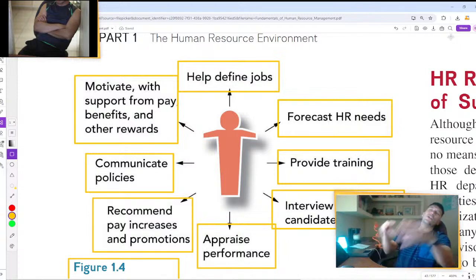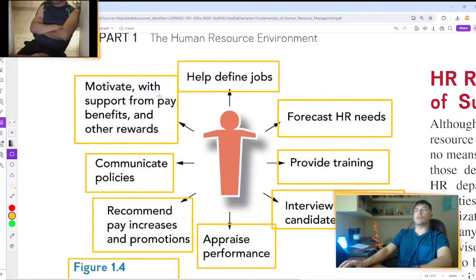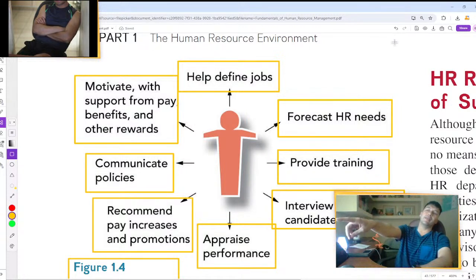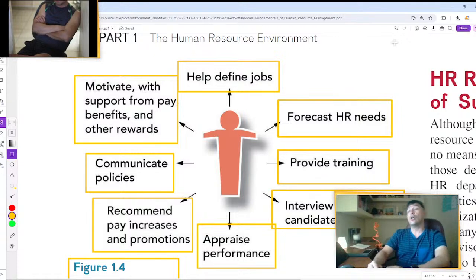So it looks like you were working together with the supervisors on your last project, right? When you were defining the jobs and motivating people with benefits and other rewards. And you were also working together and communicating policies. Remember when you had the issues?